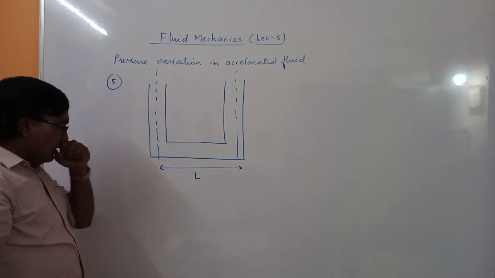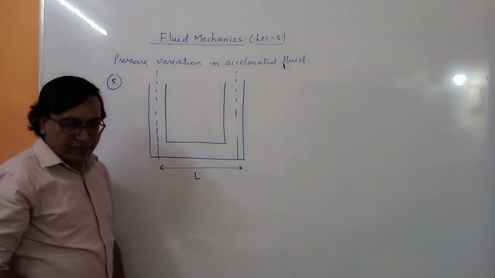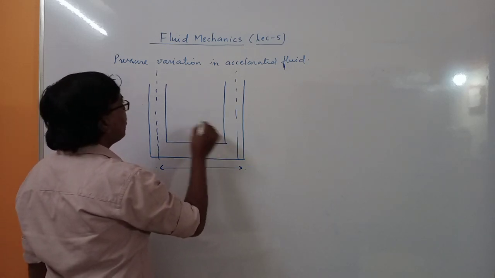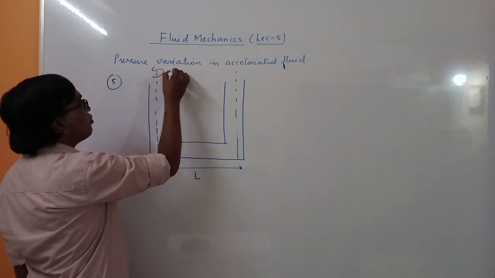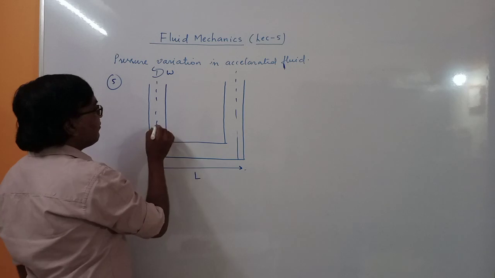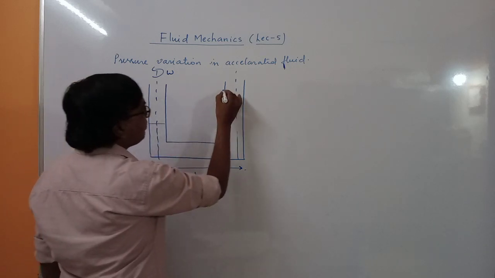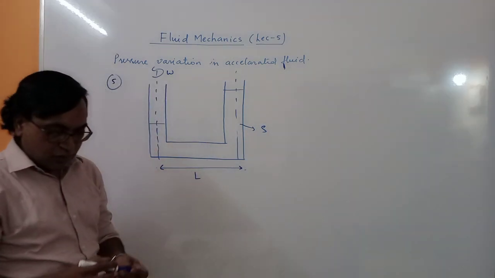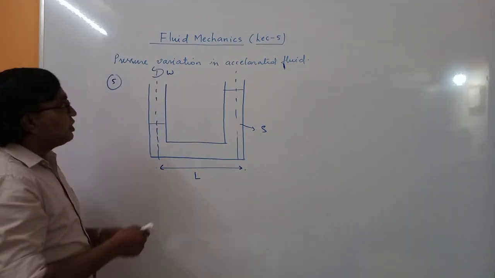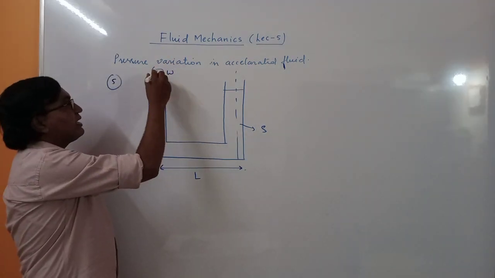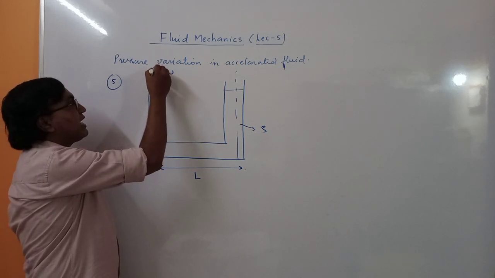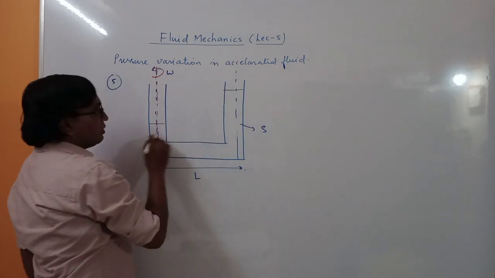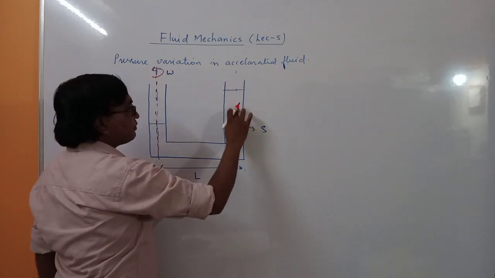Considering the thickness to be small, we have the density of the fluid rho. It is rotated with angular velocity omega, and then there is a difference in height. So this is a U-tube rotated with angular velocity omega about this axis, and this is a fluid.